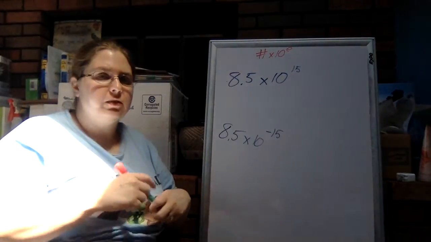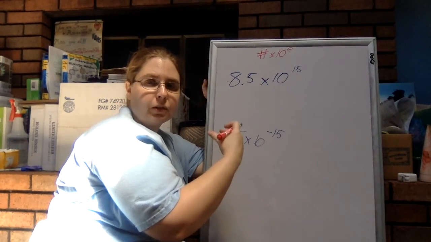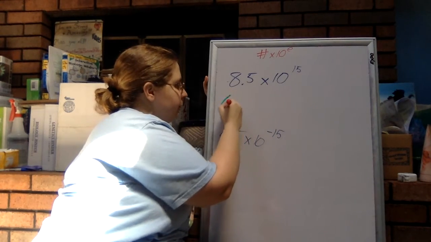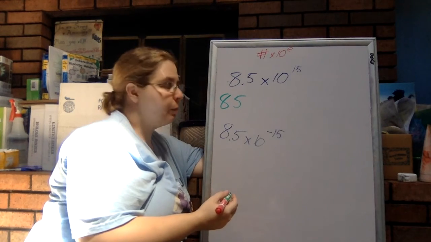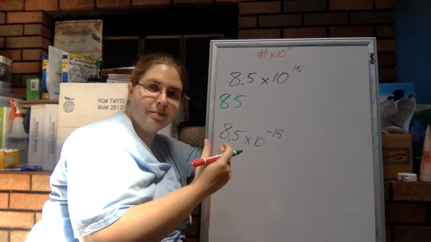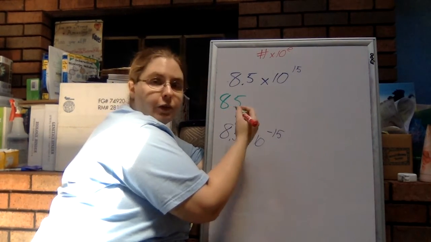So let's go ahead and get started. 8.5 times 10 to the 15th has a positive exponent, so that means that the zeros are going to come behind the number. So I'm going to write the number first, 8 and 5, and now I have to move my decimal point 15 places to the right to get those zeros behind it in order to make it a larger number.